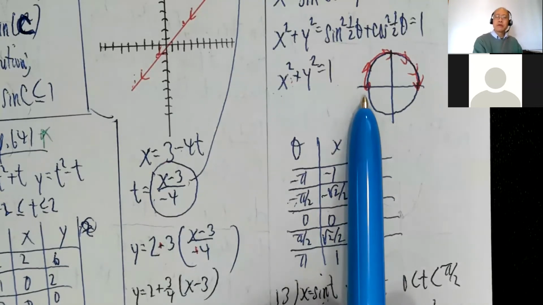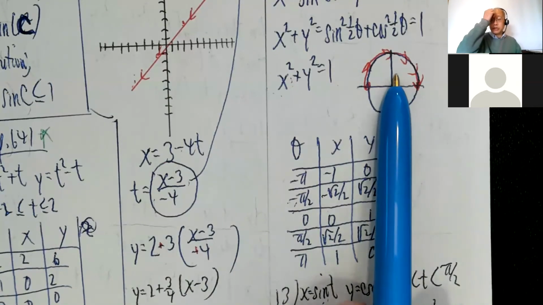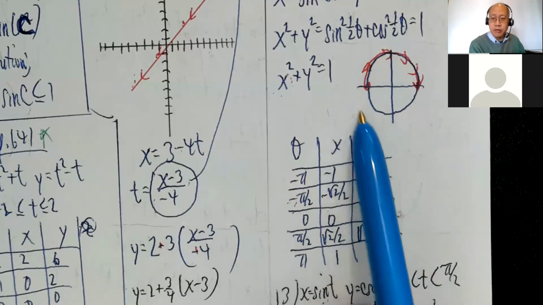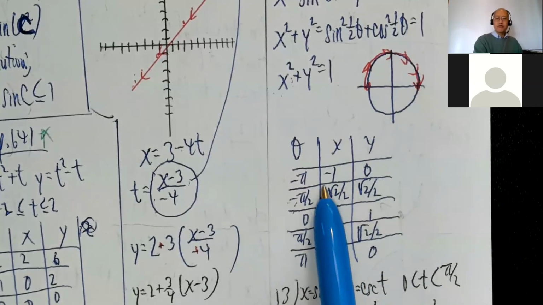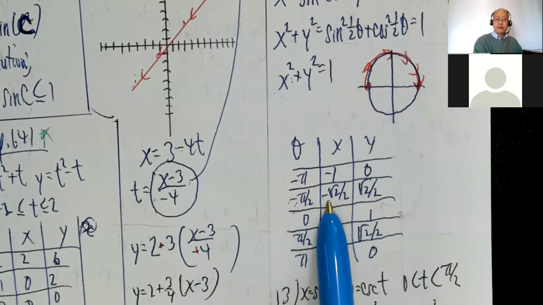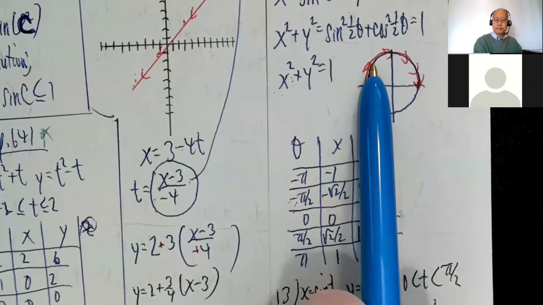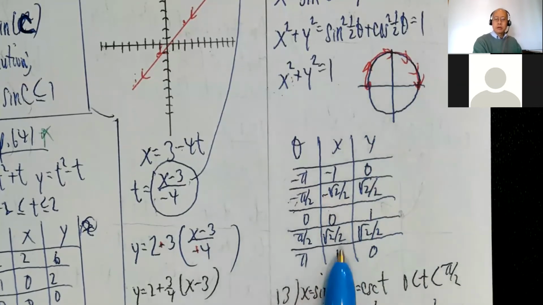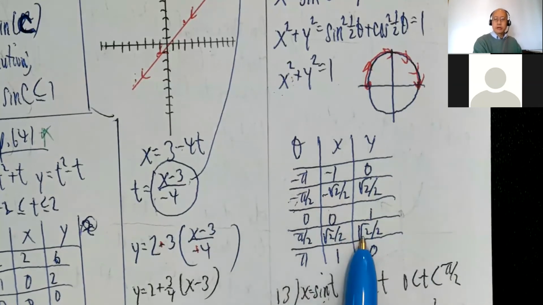Okay, so here's how we traverse the unit circle. I'm on the unit circle, but I'm not going in the traditional fashion where you start over here and then go counterclockwise. Looks like we're going this way. How do you know that? Well, I just plot the points. Negative 1, 0 is there. Negative radical 2 over 2, radical 2 over 2, that's second quadrant, up here somewhere. 0, 1 is here. Radical 2 over 2, comma, radical 2 over 2, that's over here. 1, 0.